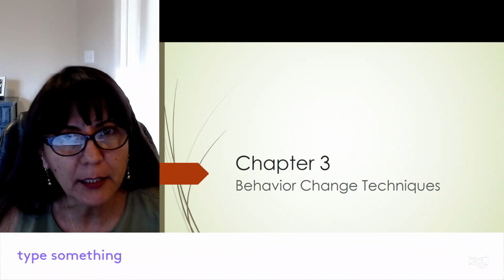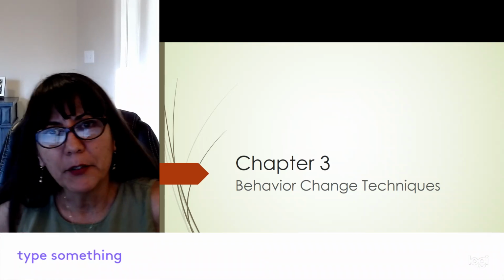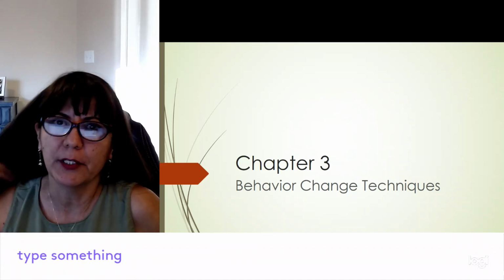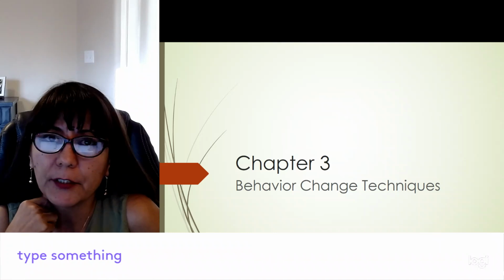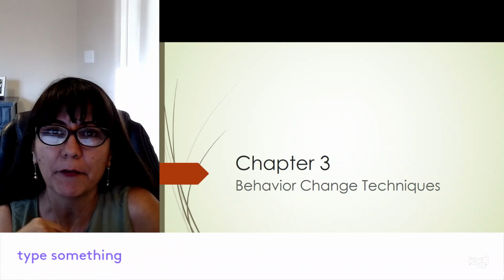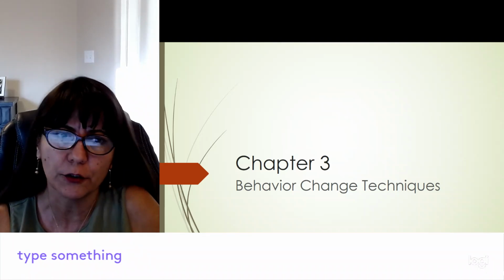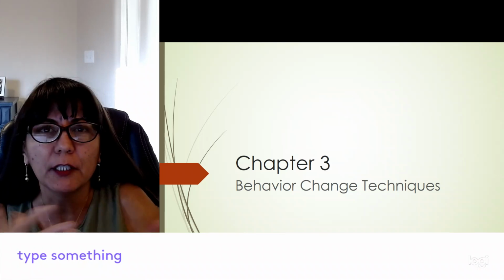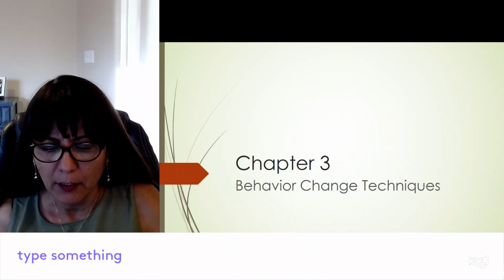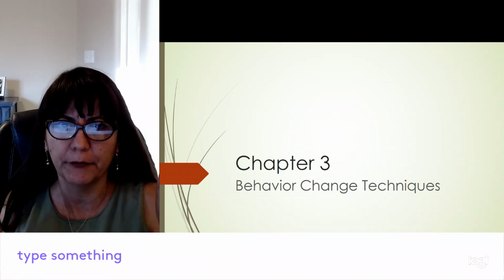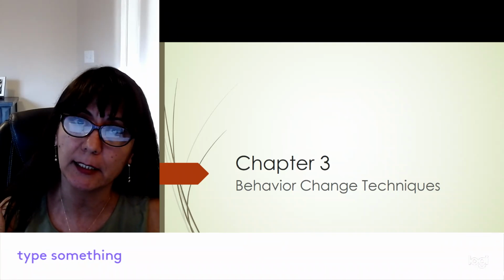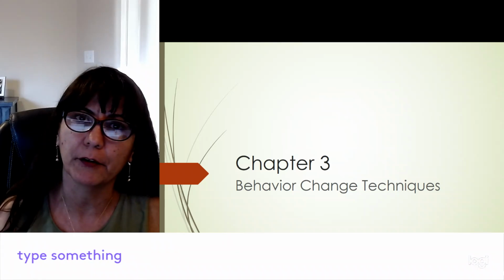Okay, so let's get back to lecture. So chapter 3 is covering behavior change techniques. Up to now, we've been talking about the different theories, right? The different behavior change theories and all the constructs that are believed to determine behavior change. So in this textbook, when they're talking about the constructs, they're referring to them as determinants, the determinants of behavior, right?